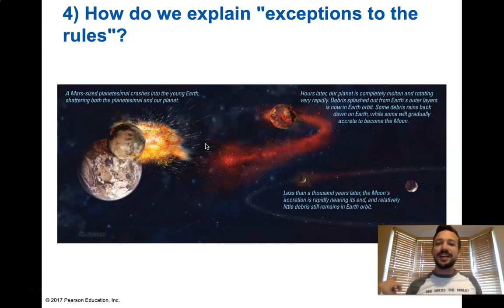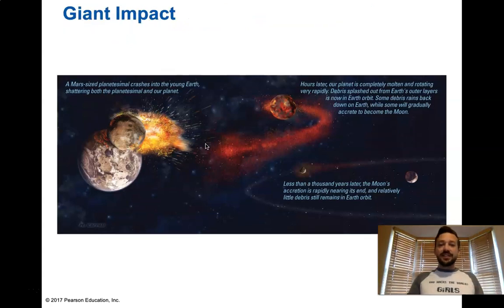A rock can easily run into something and ruin the whole pattern for certain planets, like Venus. So it would orbit counterclockwise, except we think a giant thing ran into it in the past and flipped it upside down. And if you have something that's rotating counterclockwise and you flip it upside down, it looks like it's rotating clockwise, okay? So we think giant impacts are the cause of a lot of these exceptions.